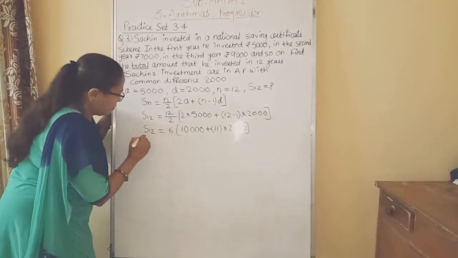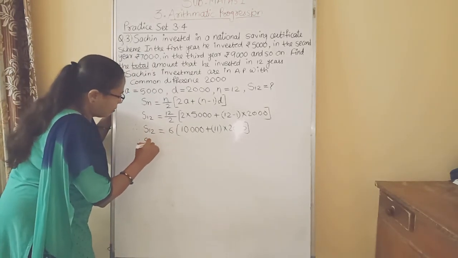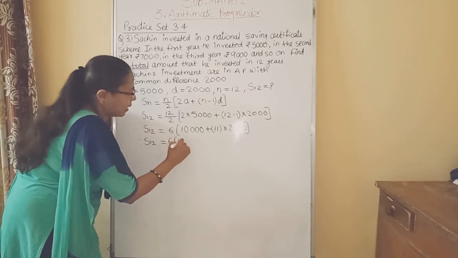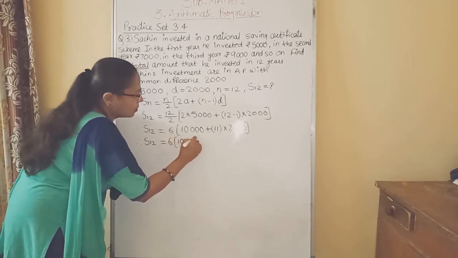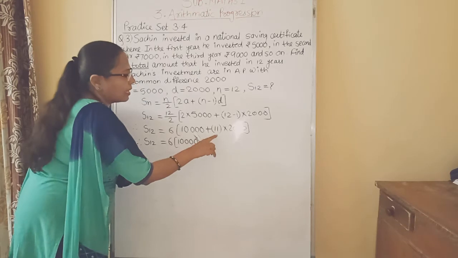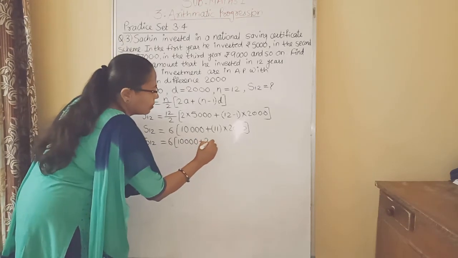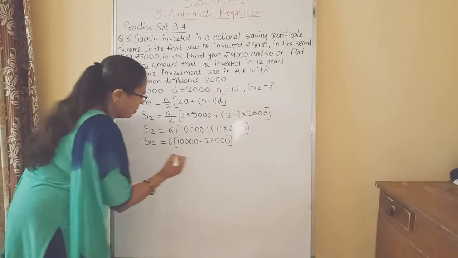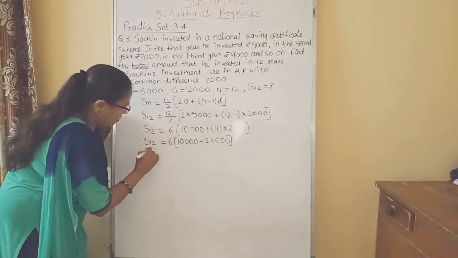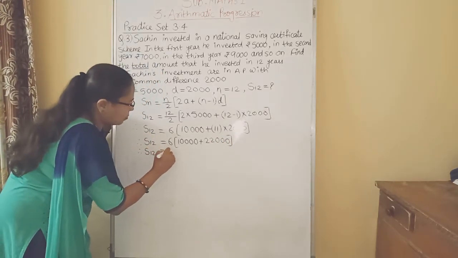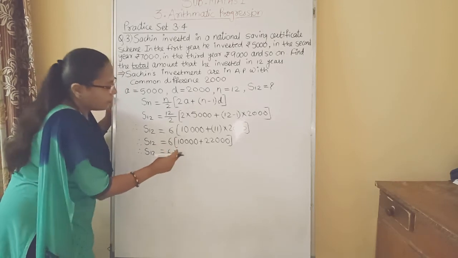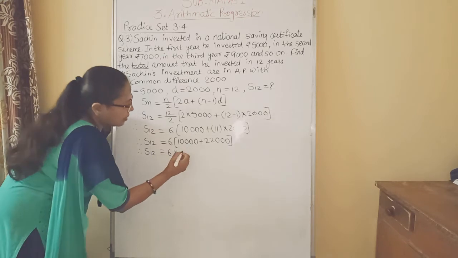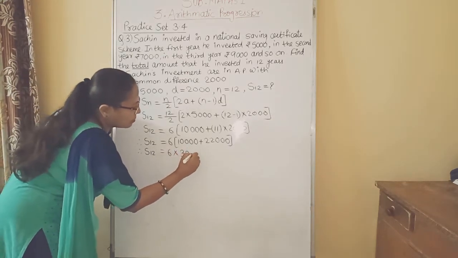Close the bracket. Therefore, S12 is equal to 6 into bracket 10,000 plus 11 into 2,000, 22,000. Therefore, S12 is equal to 6 into 10,000 plus 22,000. We will get 32,000.